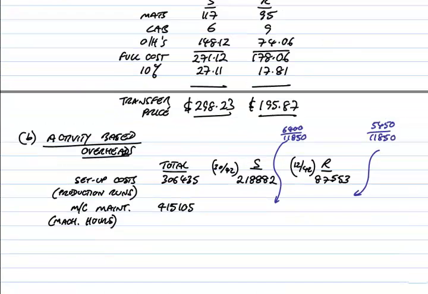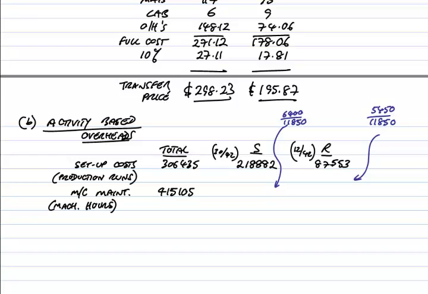So, again, let's hope my arithmetic's right. 11,850 times 415,105. I get 224,192 to S. And 190,913 to R.